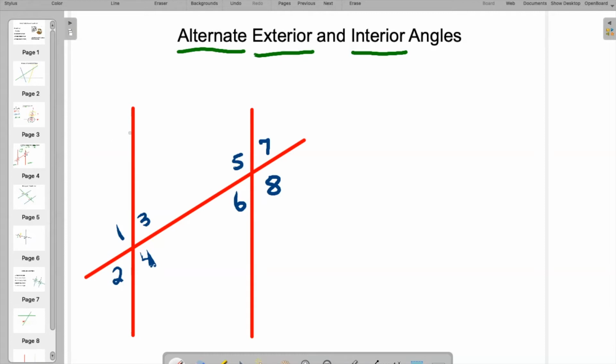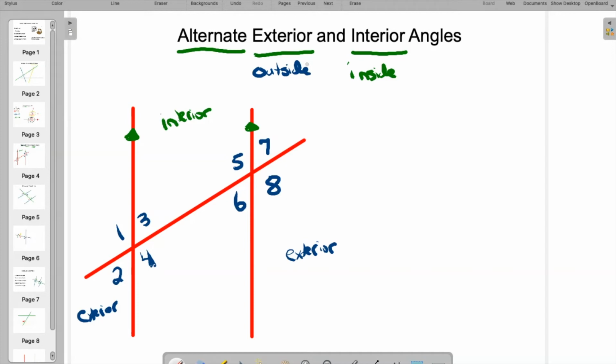So if we think of our two parallel lines as here and here, meaning that this line here is our transversal, the interior is what we think of as the inside of these angles. And so then the outside is the exterior angles. So angles 3, 4, 5, and 6 are inside, and angles 1, 2, 7, and 8 are the outside angles.